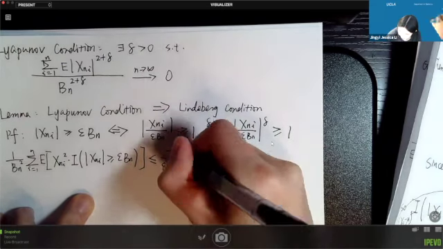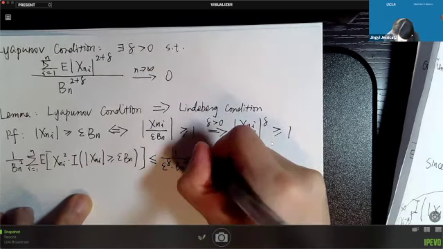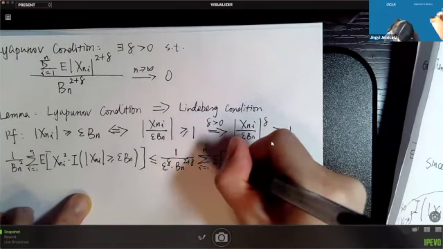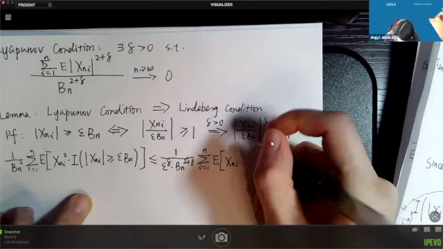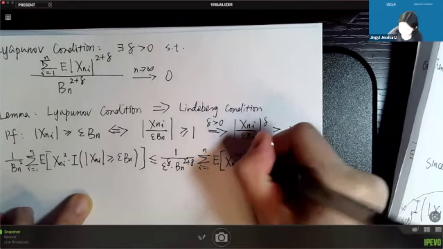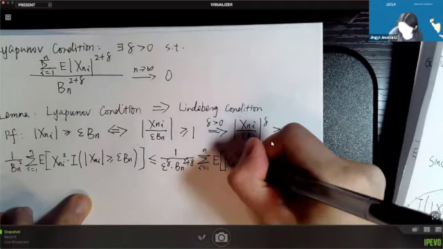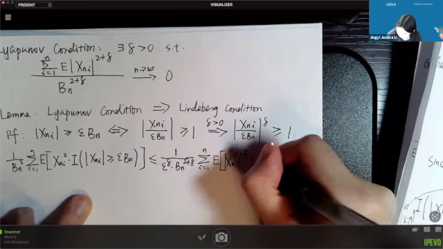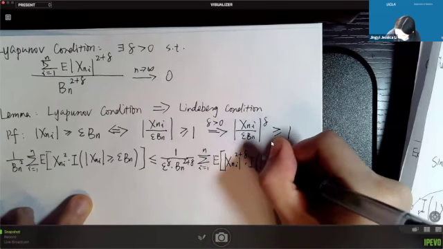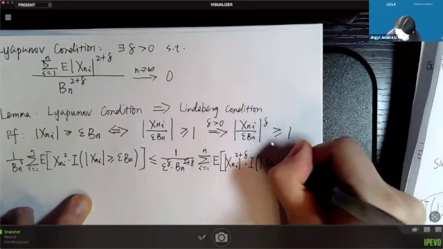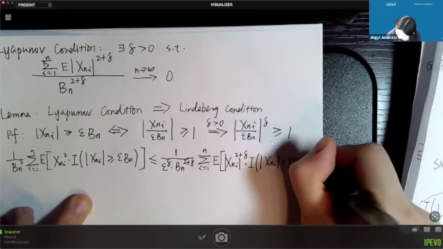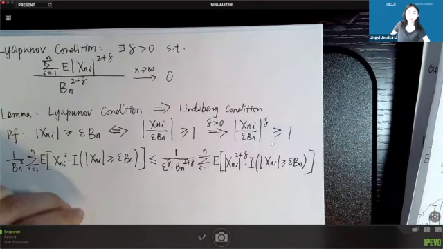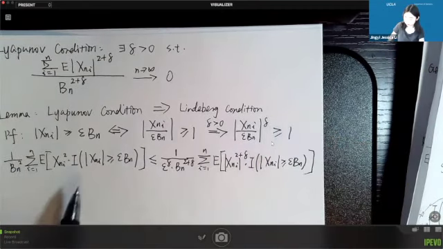And inside, I have the summation from i equals 1 to n of the expectation of |X_ni| to the power 2 plus delta, sorry, I forgot the absolute value, 2 plus delta, and still the indicator function of |X_ni| greater or equal than epsilon B_n. Okay, so I didn't do anything special. I just multiplied this part by this.